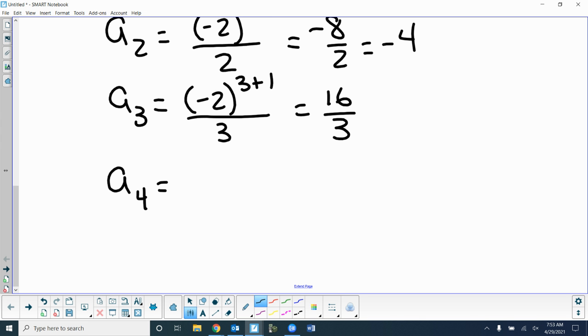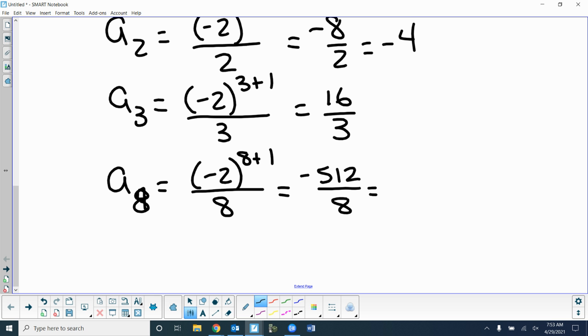And then the fourth term is negative 2 to, I'm sorry, not the fourth, but the eighth term. And that's negative 2 to the ninth, which was what? Negative 512? If I remember right, I had it done. And that's negative 64, I think.